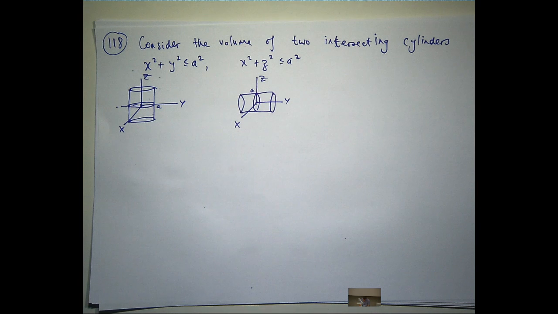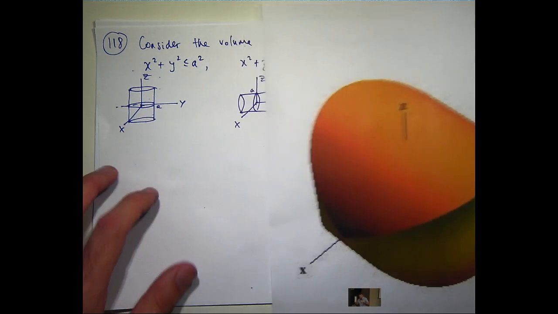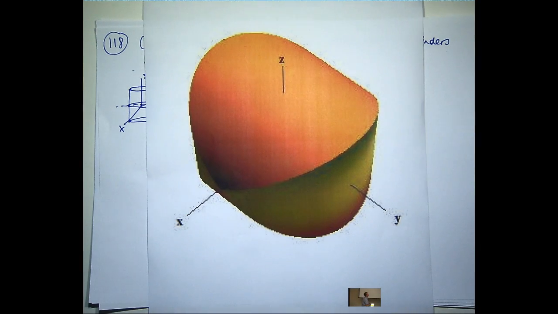Okay, again, not perfect. Now, how are we going to describe the intersection? Well, let's go back to my earlier picture. You can use symmetry here a lot.